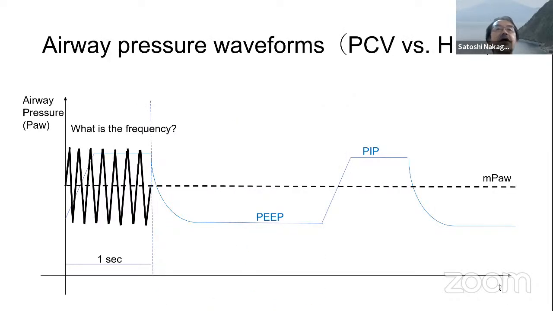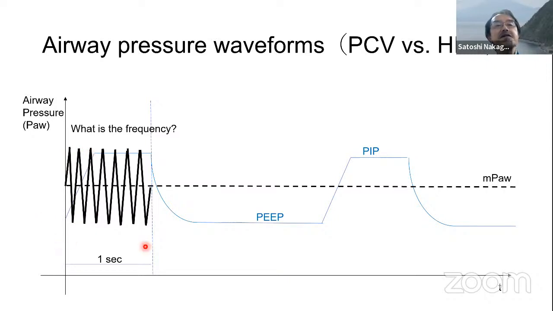This is the typical airway pressure waveforms in conventional mechanical ventilation as well as high-frequency oscillation. The blue line represents pressure-controlled ventilation. As you can see, there's a PEEP and PIP in conventional mechanical ventilation. In high-frequency oscillation, the waveform is illustrated in the black line, and the airway is going to be oscillated like this.